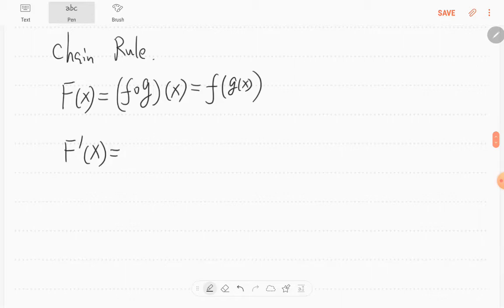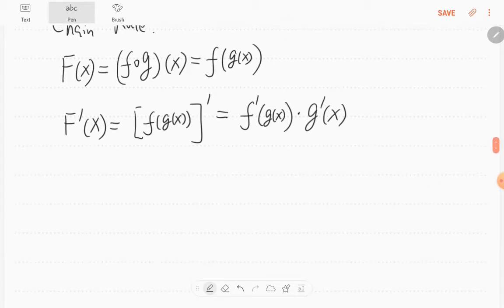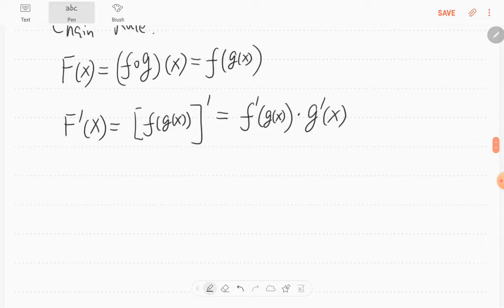The derivative of f of g of x is the derivative of f, evaluated at g of x, times the derivative of g. This is called the chain rule.